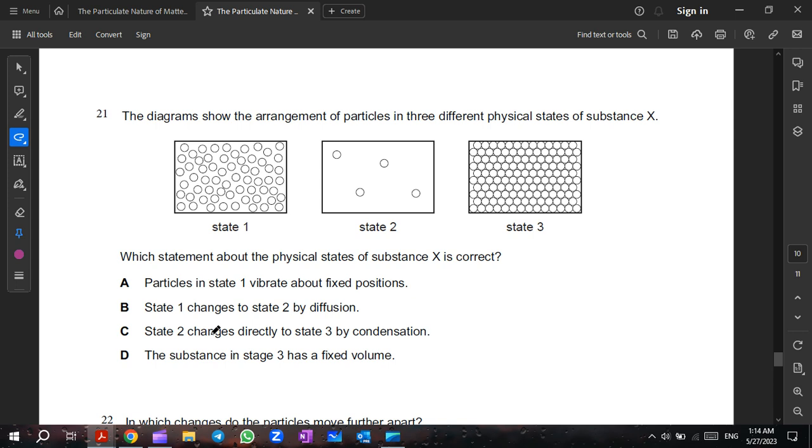State 1 changes to state 2 by diffusion. No, that is not true. State 2 changes to state 3 by condensation. That is also not correct. The substance in state 3 has a fixed volume. Yes, that is correct, since state 3 is a solid and all solids have a fixed volume. I believe it should be D.